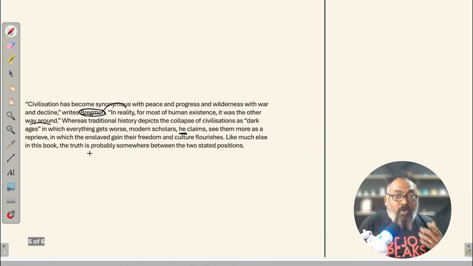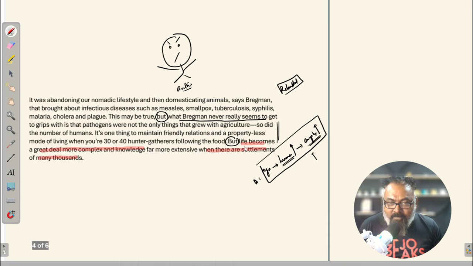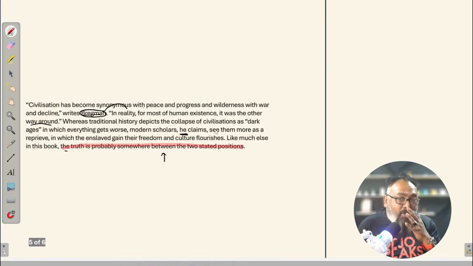Like much else in this book, the truth is probably somewhere between the two stated positions. Now, the author has not really supported this claim. The author is picking another point and saying this is the point. So let's write this.